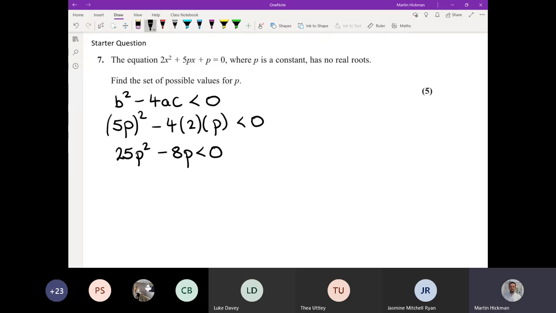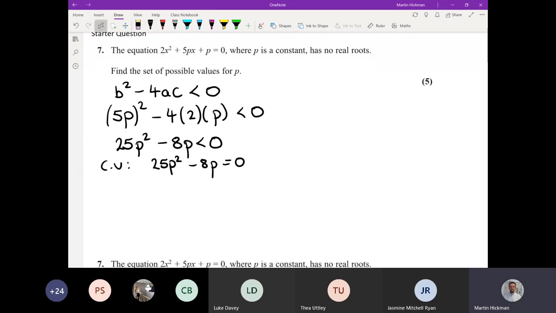If 25p squared minus 8p is less than 0, then this quadratic has no real roots. It won't cross the x-axis. So what we need to do is find the critical values. I set this quadratic to 0 to find them.